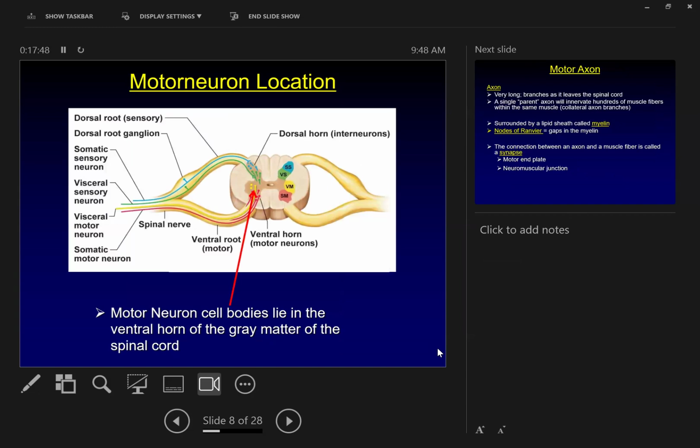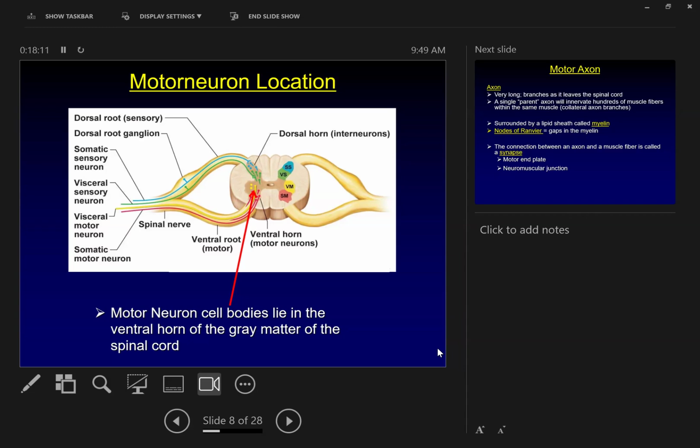Okay. Motor neurons, cell bodies lie in the ventral horn of the gray matter of the spinal cord. The ventral horn is the inside part, right? The dorsal horn is the back. So if you look here, okay, we have ventral horn, and then dorsal horn is going to be up there.